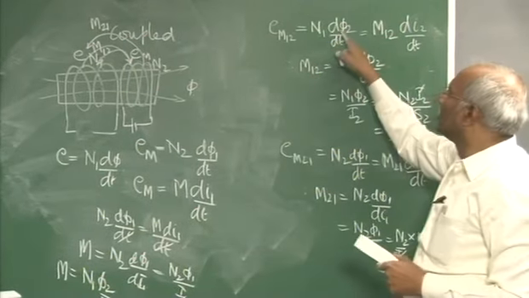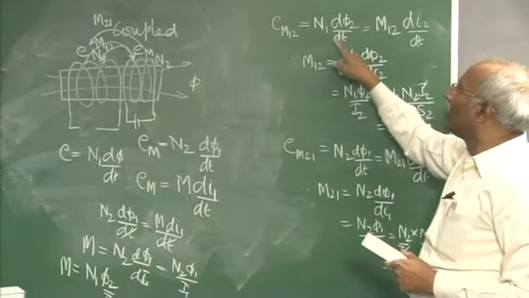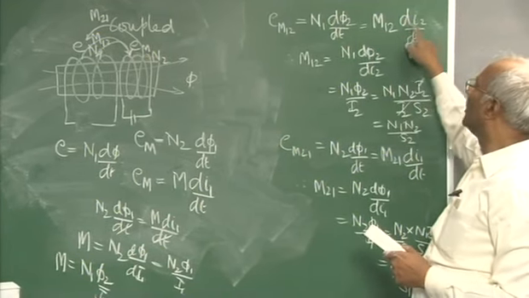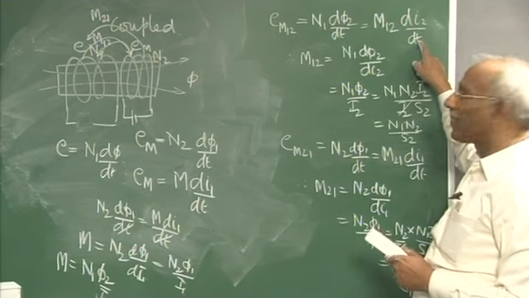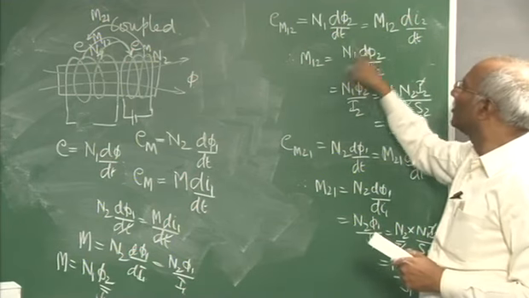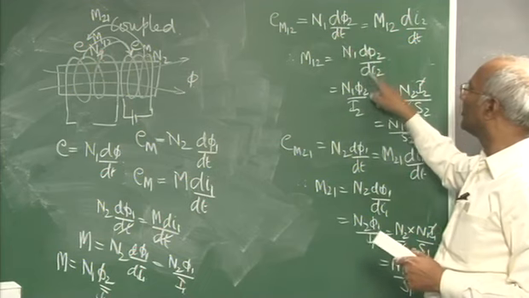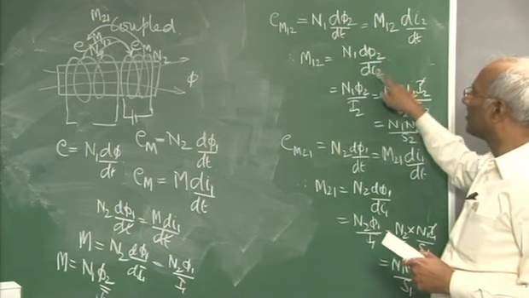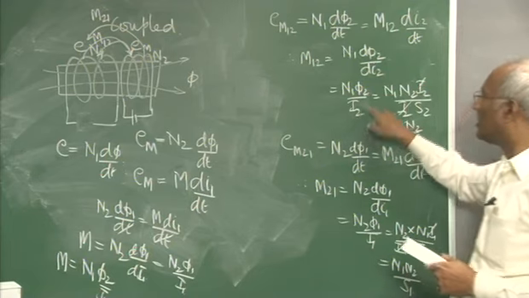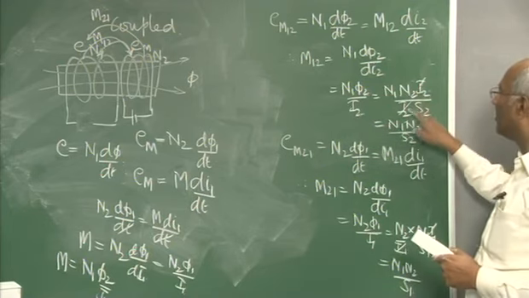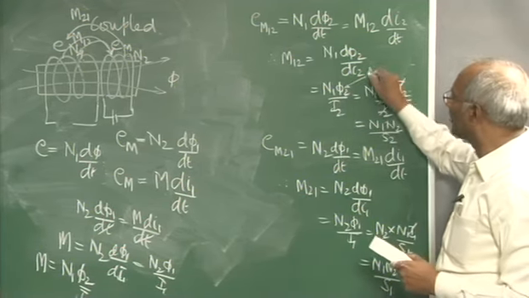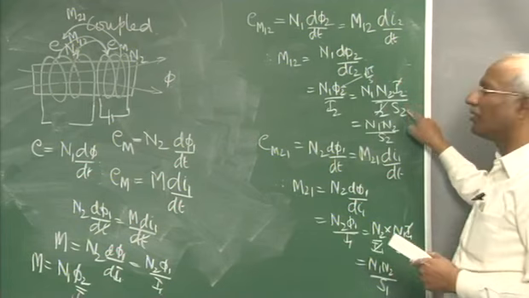In that case, d phi 2 by dt, and in terms of mutual inductance, you can write it as M12 into di2 by dt. So M12 can be written as N1 d phi 2 by d I2. If there is a linear relation, it can be taken as N1 phi 2 by I2, and phi 2 is nothing but N2 I2 by S2. This is nothing but ampere turns divided by reluctance. So, that is what I have written.